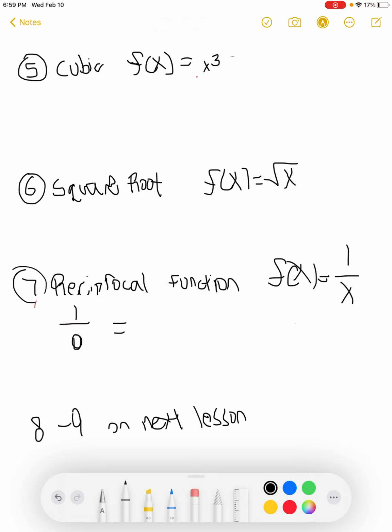If you have a whole bunch of cookies and you try to divide it amongst 0 people, what the heck? No, too bad. Doesn't make sense. So that's called undefined, and that's not something that is possible.